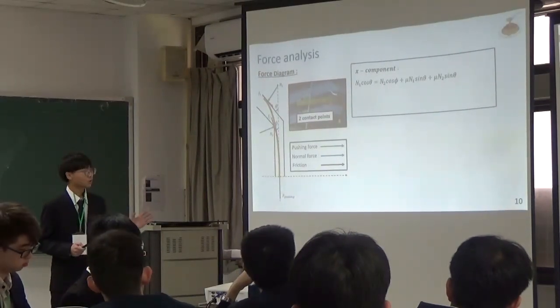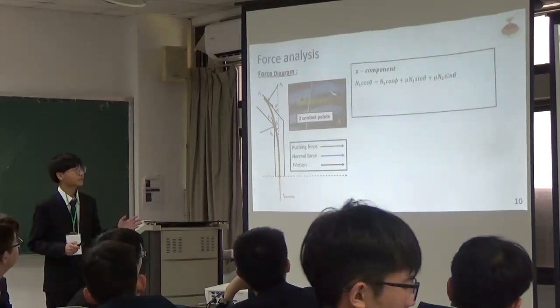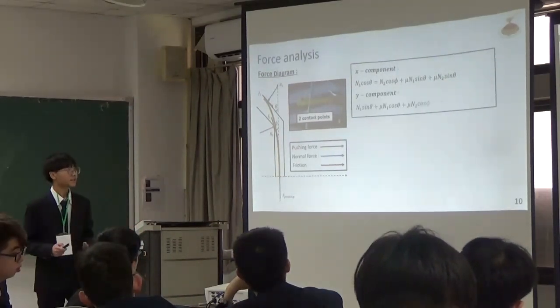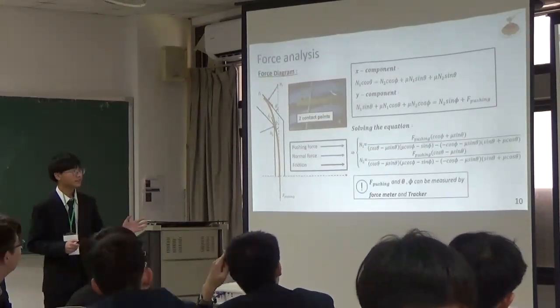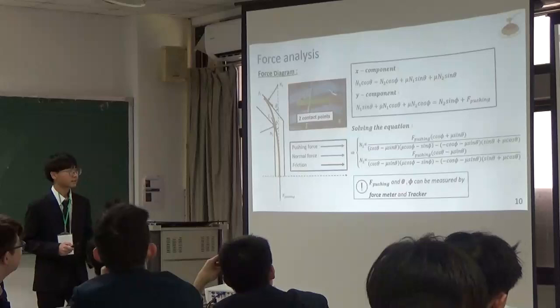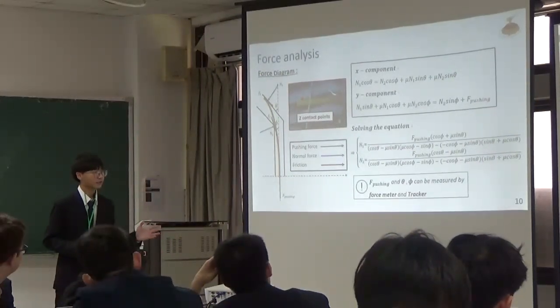And if we draw the coordinate axes, we can separate the x components and y components. And after some solving, we can finally get the N1 and N2 forces. And these forces we can all measure by the force gauge and tracker.